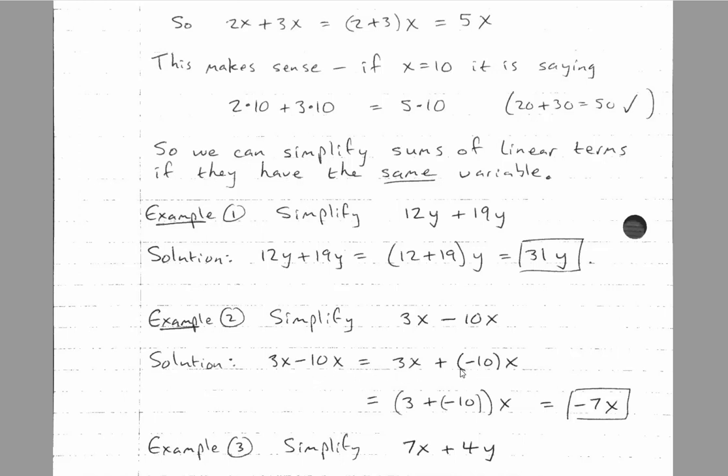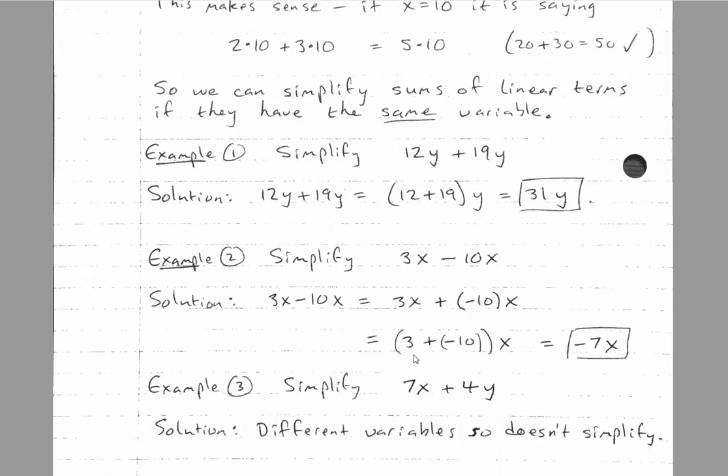That's the same thing. So we have a 3 plus negative 10. We want to add those together, and that's negative 7. So negative 7x.